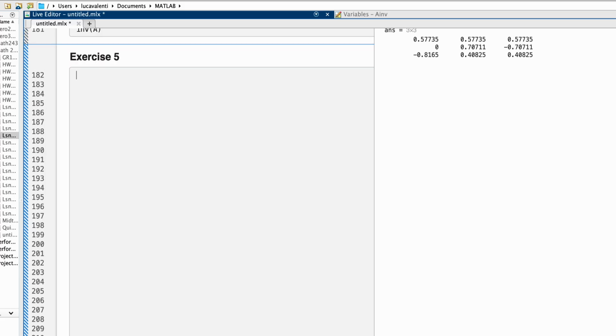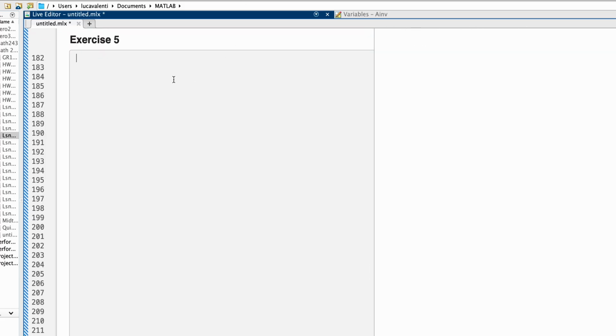Okay, so let's define the matrix. First, clearing all old variables, so it's going to be clear all.